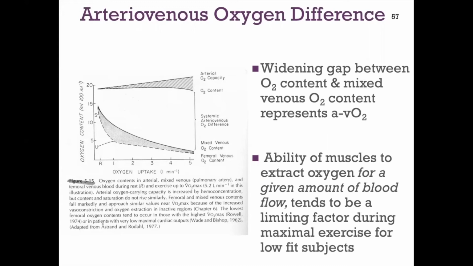So remember, we talked about cardiac output being this thing that limits elite athletes. They can't pump the blood around fast enough, but it's because they have grown more capillaries in the muscles to be able to extract the oxygen really well.